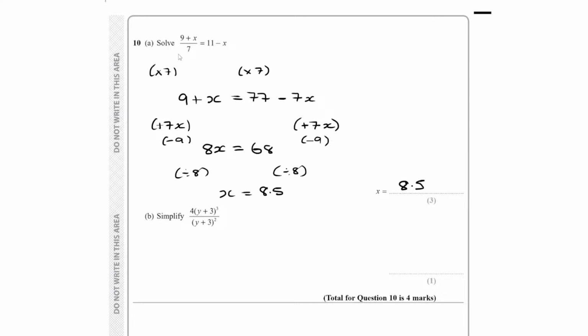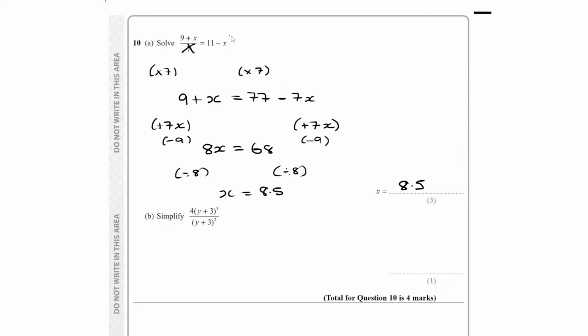Why did I times by 7? Because you see here, this is divide by 7, isn't it? Fraction means divide by 7, and I wanted to open up that numerator. When you're solving, you don't want to have fractions unless the answer is a fraction, because that means all of this is locked in. So I wanted to get rid of that 7 as a denominator, but because I divide by 7 to make it a fraction, I have to times by 7 to do the opposite.